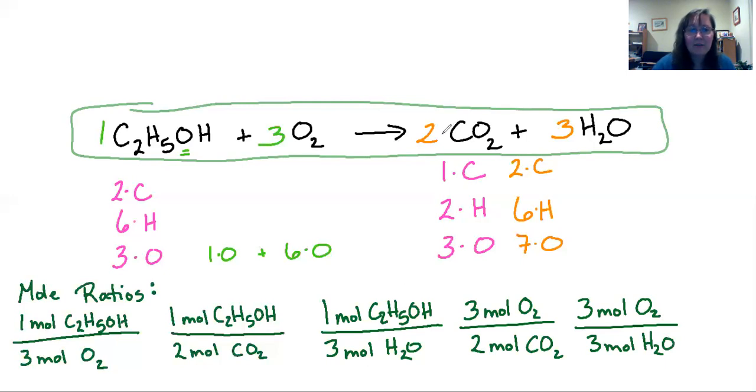And the last ratio here is, and I'm sort of running out of room, but 2 moles of carbon dioxide to 3 moles of water. And in a normal stoichiometry, you won't need all 6, but it's good to see where they come from, to see all those ratios so that it's really easy to make one when you need it.